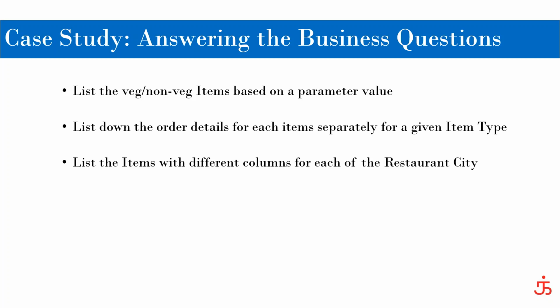We are going to list the order details for each item separately for a given item type. The same select statement is going to be executed multiple times, and for each restaurant we are going to print a different SQL statement based on the input value that we provide.